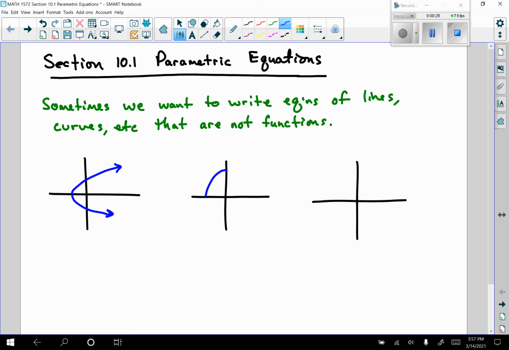We could be looking at a circle of any size, or something very strange altogether. That might look like this. But here we cannot write the y-coordinate as a function of the x-coordinate.